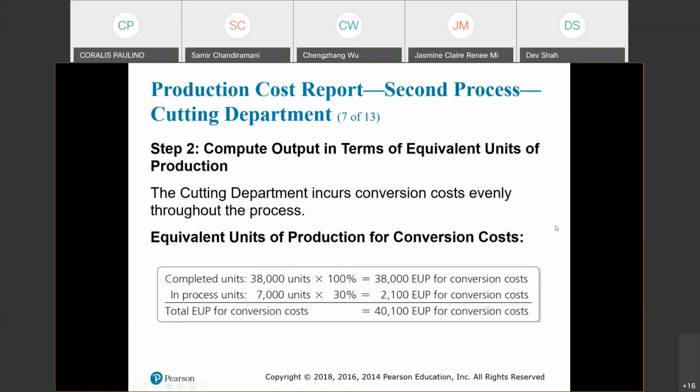And the last part, conversion cost. Well, similarly, conversion costs are complete for, in this case, 38,000 puzzles completed and transferred out to finished goods inventory, but only 30% of the conversion cost has been done on the 7,000 puzzle boards in ending WIP inventories.